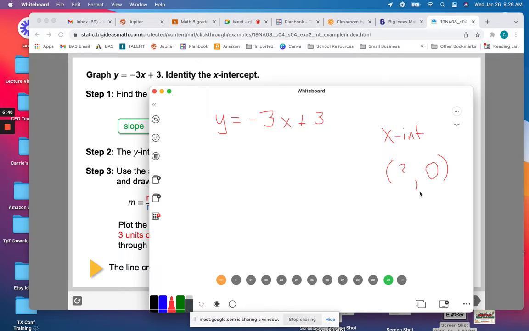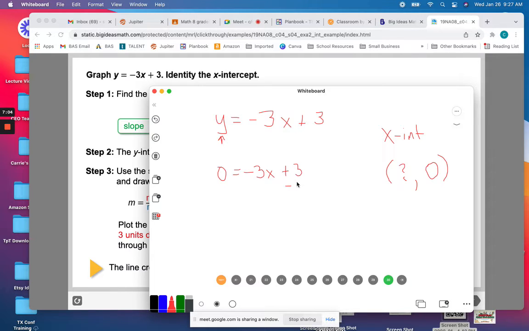Does that make sense? Can I make a dot? There we go. Since I know the y is going to be 0, I can plug in 0 right here. So I can say 0 equals -3x plus 3. Now I don't have to graph this at all. I can just mathematically solve it. Solve for x.